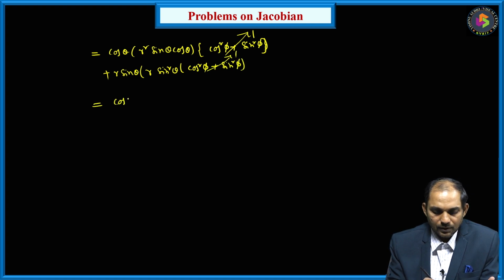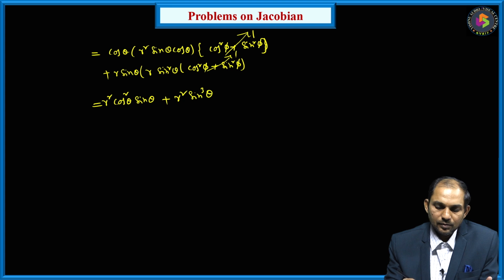So, cos theta multiplied with cos theta is cos square theta and sin theta, and r square remains in the first term. Coming to the second term, r into r square sin theta and sin square theta gives sin cube theta. From this, if you take r square sin theta common, what remains is cos square theta plus sin square theta.